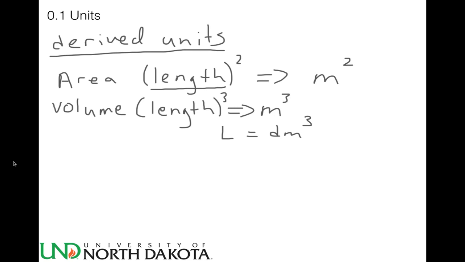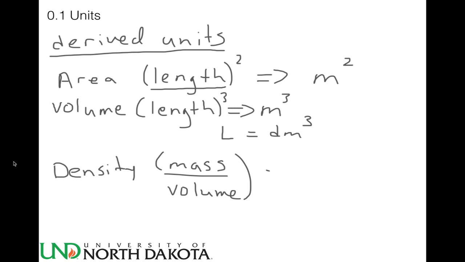And the final example I'll give for derived units is density. Density is a measure of something's mass divided by its volume. So we take the fundamental SI unit for mass, which is the kilogram, divided by the fundamental SI unit for volume, which would be meters cubed, and you get kilograms over meters cubed.